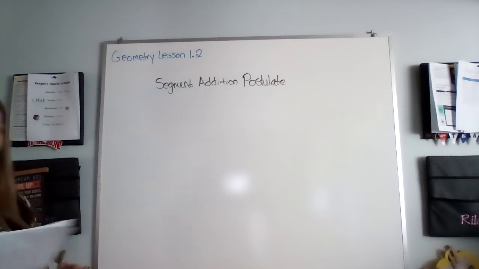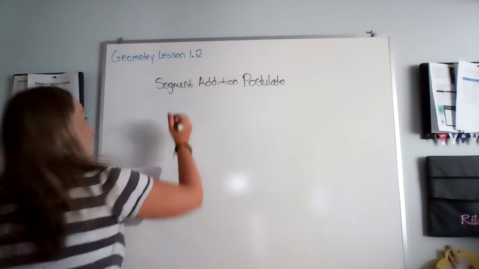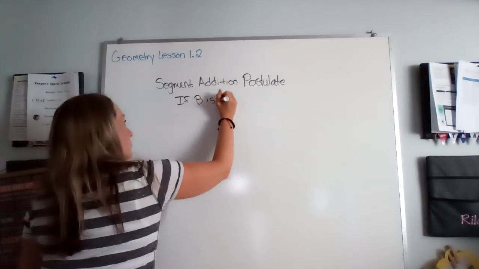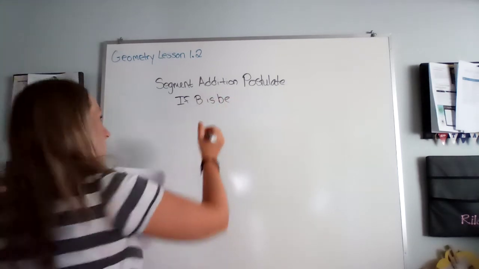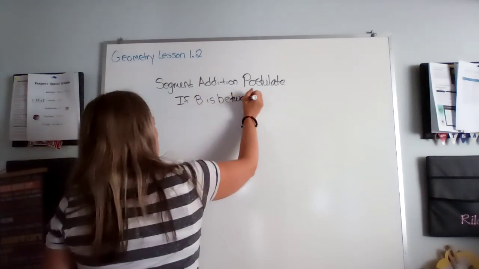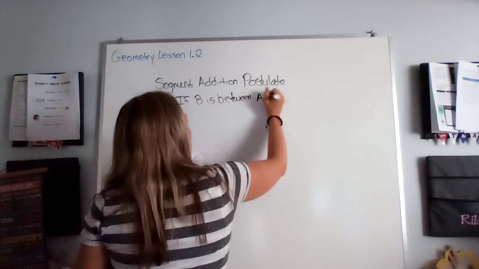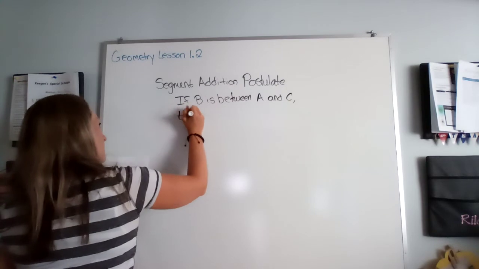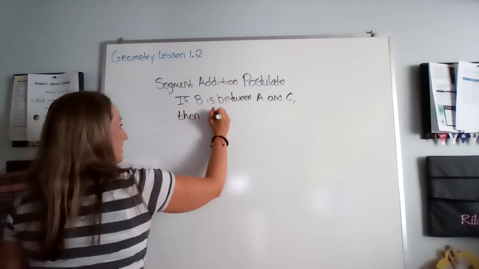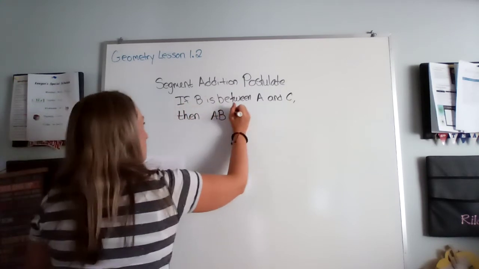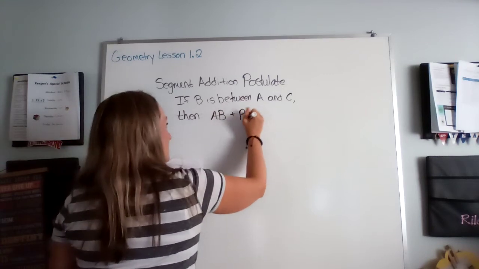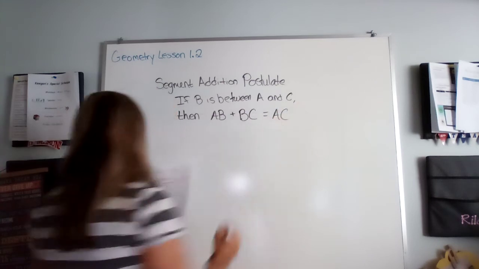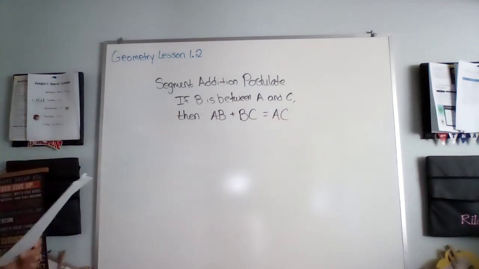So the segment addition postulate simply says if B is between A and C, then AB, the distance from A to B, plus BC, the distance from B to C, equals AC, the distance from A to C. All right?